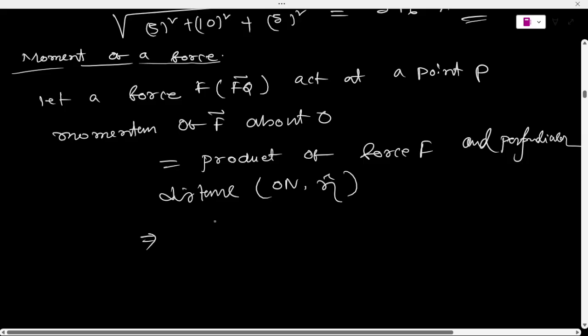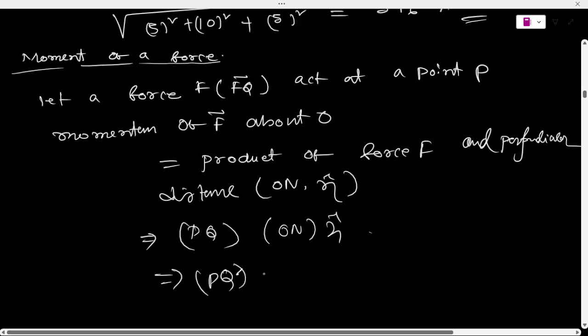So PQ will be PQ, and the perpendicular distance will be PQ into OP sin theta n cap. It will be OP vector into PQ vector.